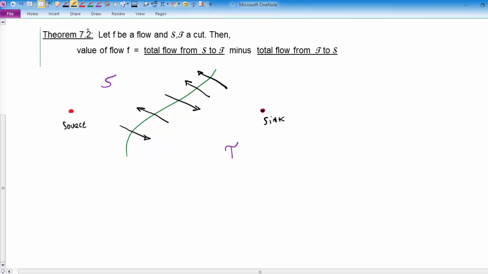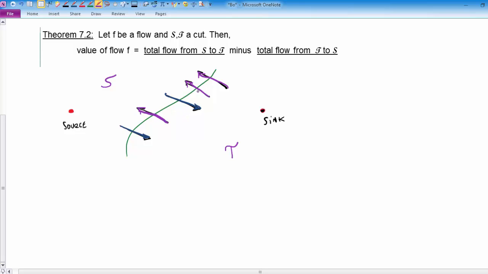Let me put that in a different color. That one, that one. If we add the total flow there, that will be the total flow from S to T, because those are the arcs going from S to T. And we add all the flows going through the reverse arcs, going from the T side to the S side.